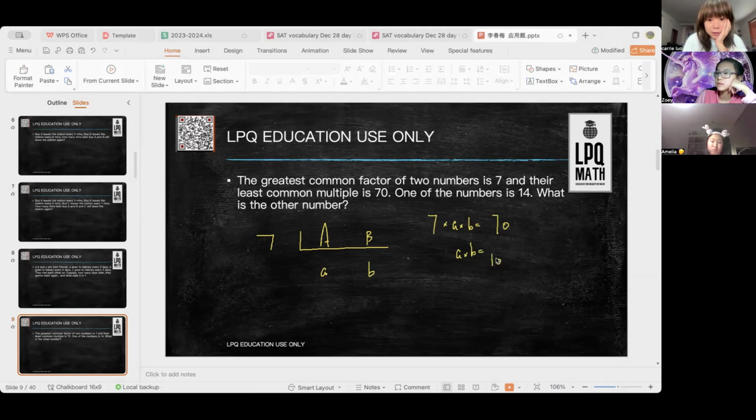10. We already know one of the numbers is 14, so that means little a represents 2. So b equals what? b equals 5. So the other number will be 7 times 5 equals 35.